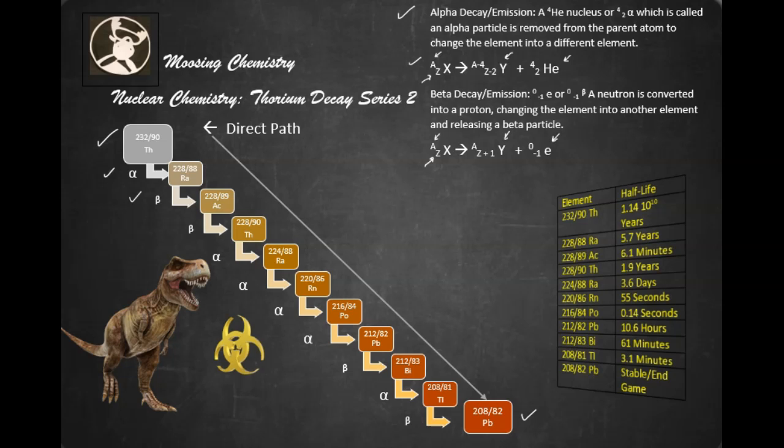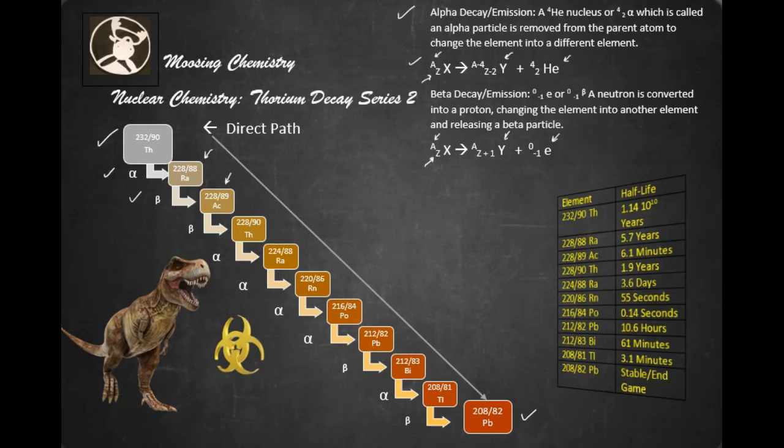All right, let's go ahead and do this. So Thorium-232 undergoes alpha decay. It becomes Radium-228. Radium-228 undergoes beta decay. It becomes Actinium-228. Notice that even though they have the same atomic mass number, our number of protons has changed from 88 to 89.